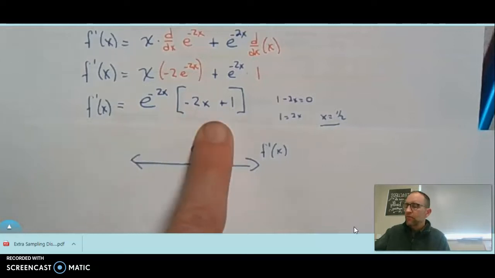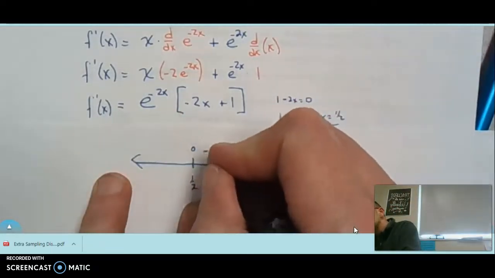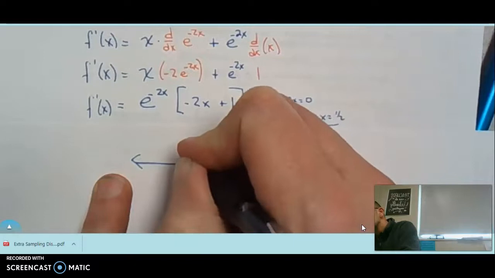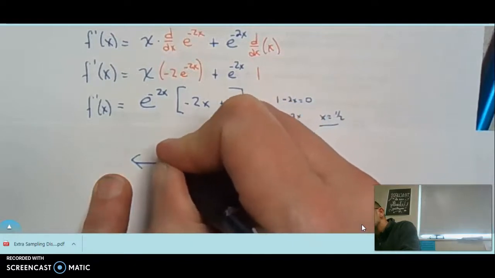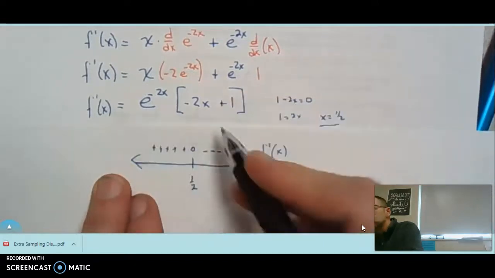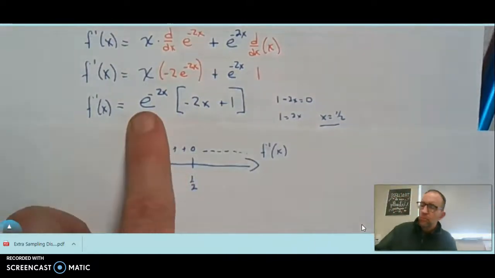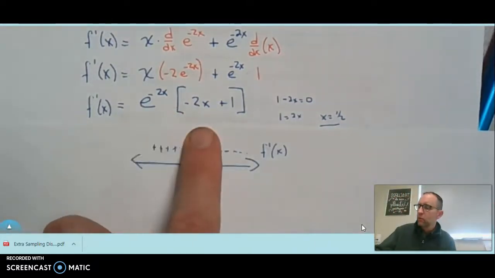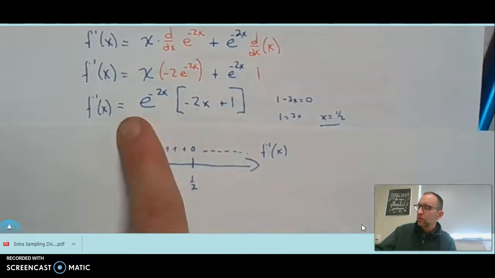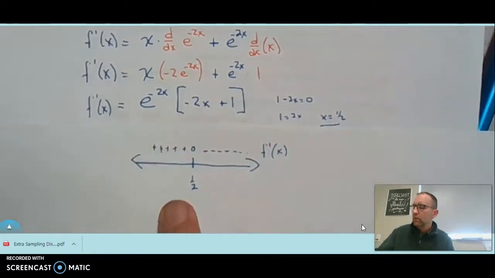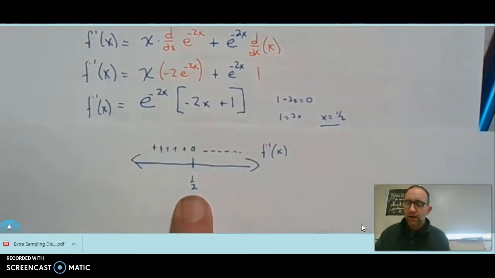So when I take the positive factor times the negative factor, I get that the first derivative is negative. If I pick a number that is less than 1/2, such as 0 for x, both factors will be positive. e to the 0 is 1, and 0 plus 1 is 1. So I get a positive value when I put in numbers that are less than 1/2.